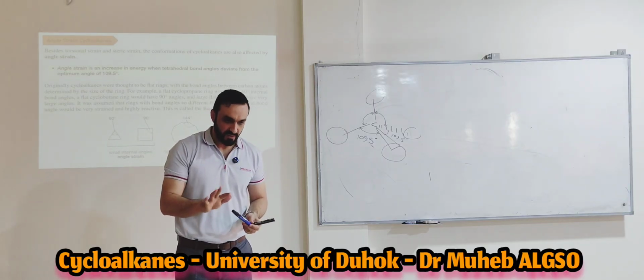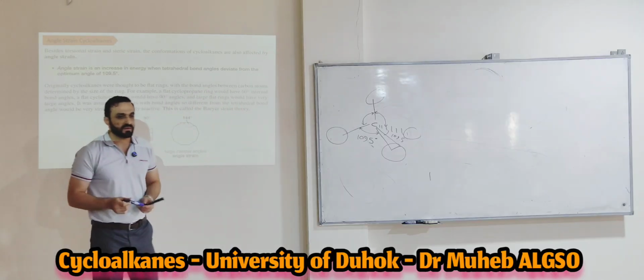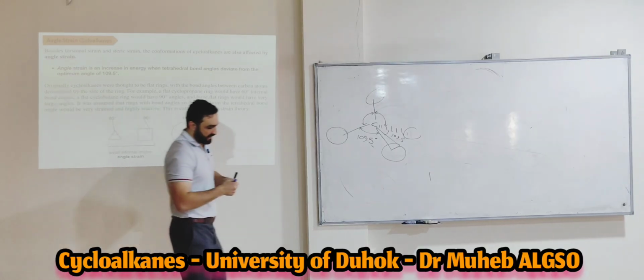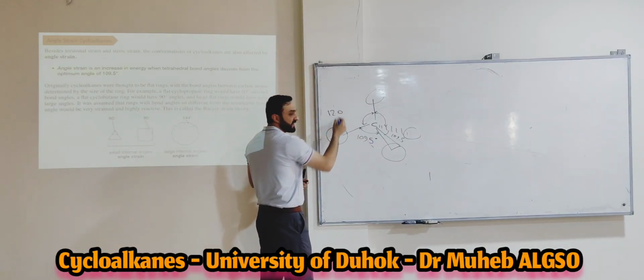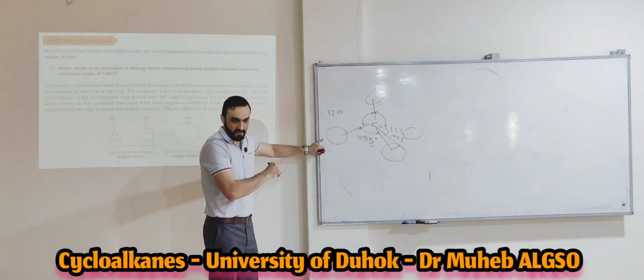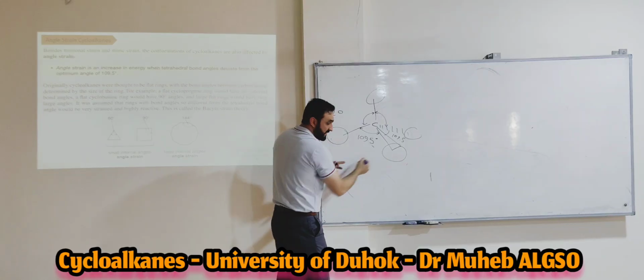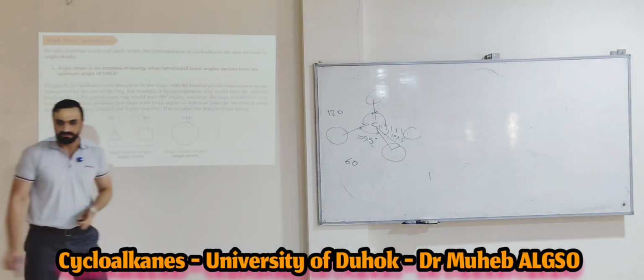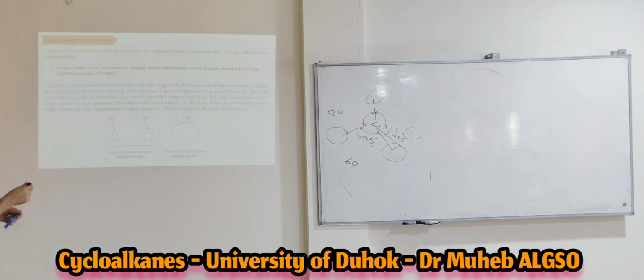For example, if I change this angle to 120, it will affect the stability of the compound. Okay? If I make this closer to, say, 60 degrees, it will also affect the stability of the compound. Okay? So step by step here, but this is the idea. Okay? This is the meaning of angle strain.